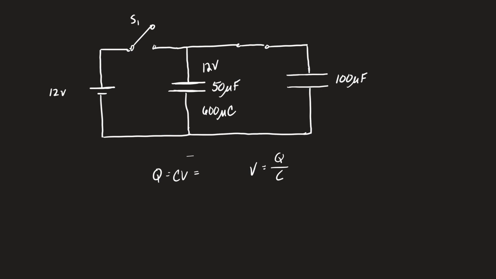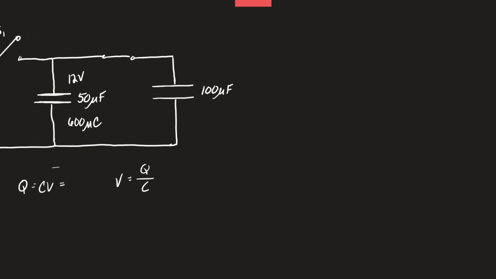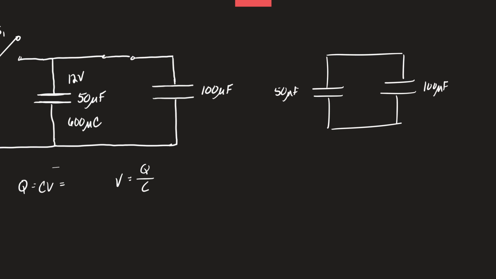So although this is the initial conditions of our circuit, there is a future condition. I'm just going to draw a separate set here. A future condition where the 50 microfarad and 100 microfarad come to some form of equilibrium. They're in parallel, so the voltage across these two capacitors will have to be the same.